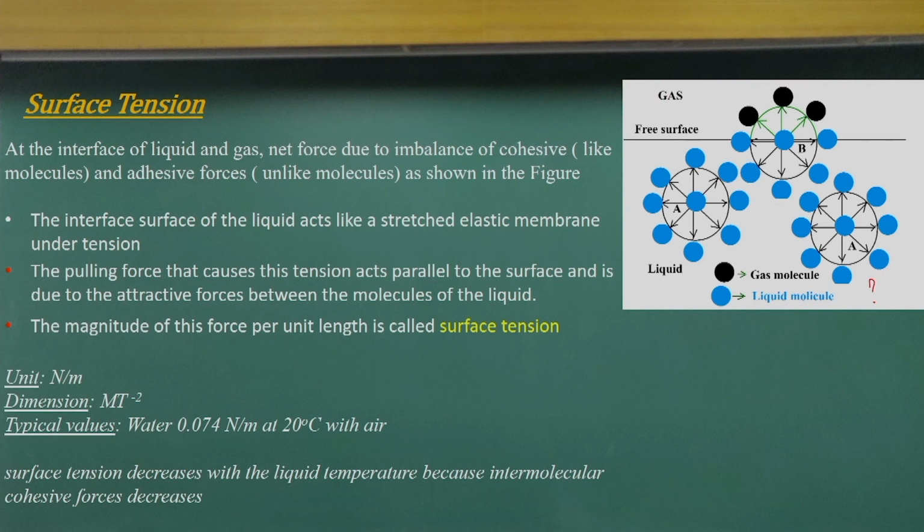Consider the intermolecular forces. If the fluid is at rest, the molecules inside are attracted by the surrounding molecules. They are the same molecules, so cohesive forces act on them, keeping the fluid molecules together.